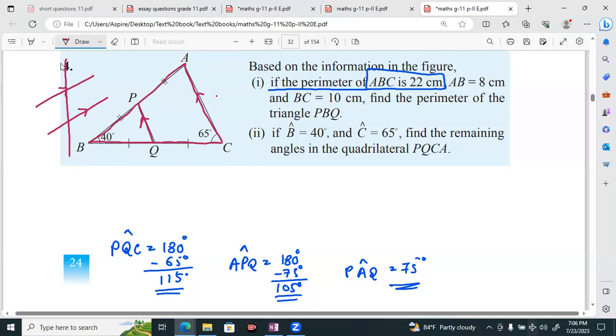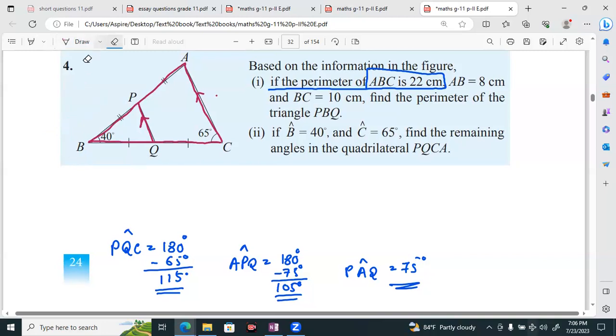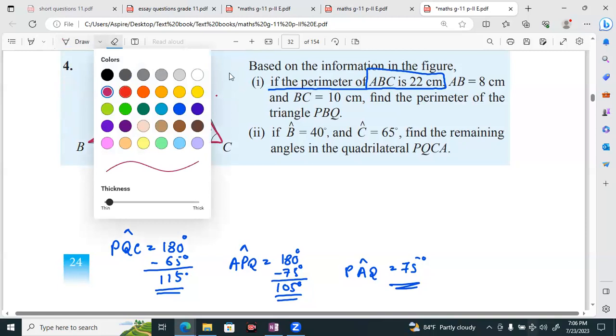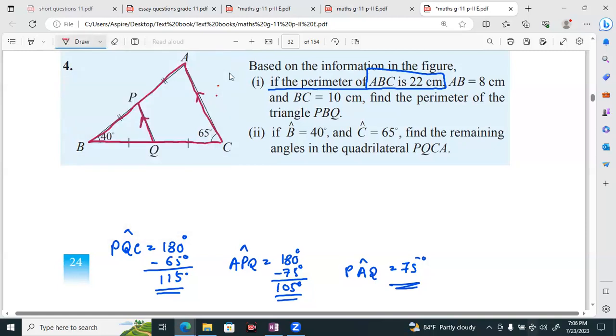There is a theorem which indicates the relationship between the angles formed. You can identify that the F-shape angles are called corresponding angles. These two are F-shape angles, therefore this becomes 65 because they are equal.